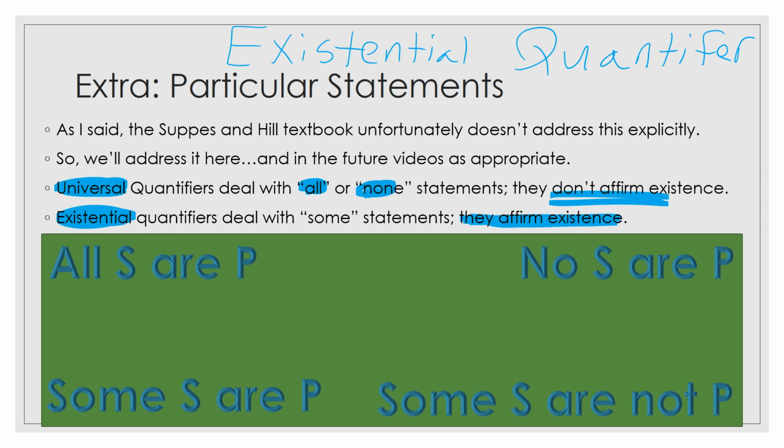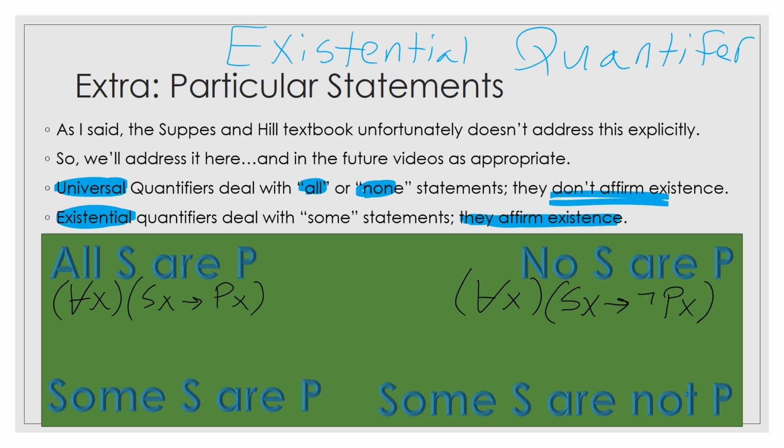In any case, let's think about predicate logic and how we can translate each of these. We already know all S are P. We can say for every X, if X is an S, then X is a P. For no S are P, we have for every X, if X is an S, then X is not a P. But how about some S are P?